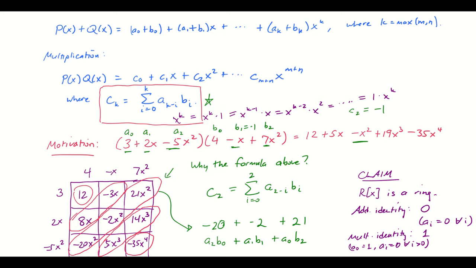And finally, to prove that R bracket X is a ring, we would need to show it has the distributive property. And actually, the way that we defined multiplication, we defined this in such a way that this ring would have the distributive property, with X acting like just another ring element. I mean, there are other ways that we can define multiplication that will pretty much give us a ring.